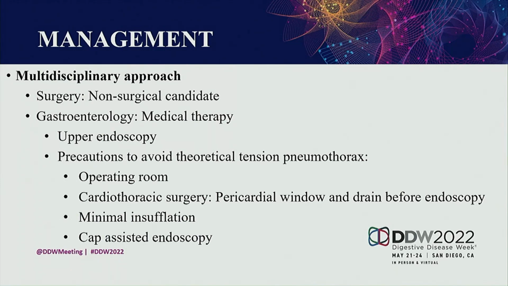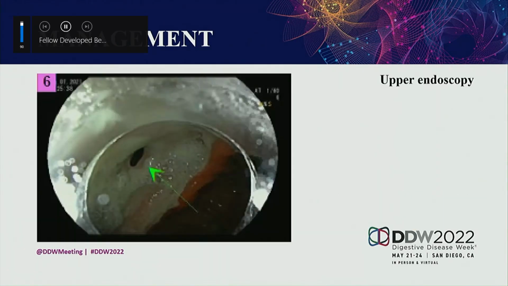And we used cap-assisted endoscopy for better visualization and to minimize the duration of the procedure. As you can see here, there is a marginal ulcer measuring around 1.5 by 1 centimeter with a central fistula, as shown by the green arrow.